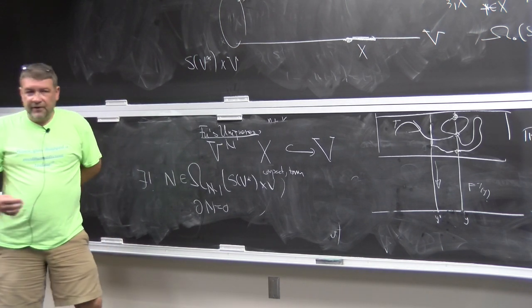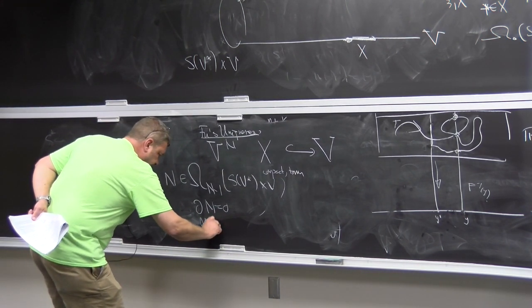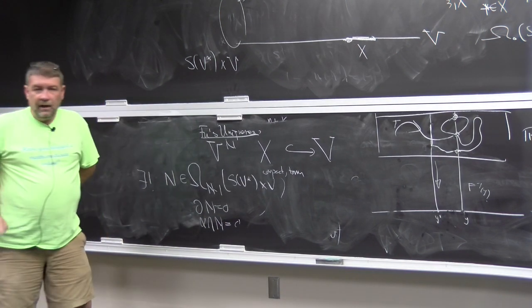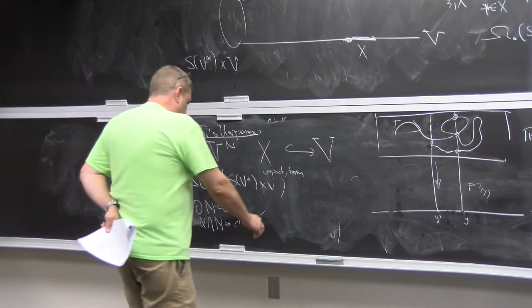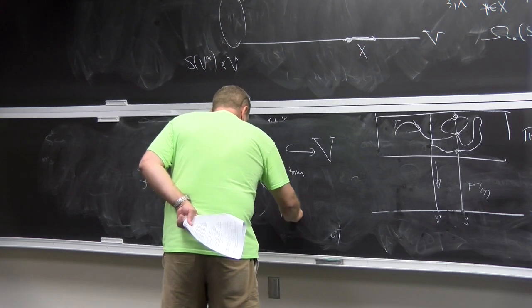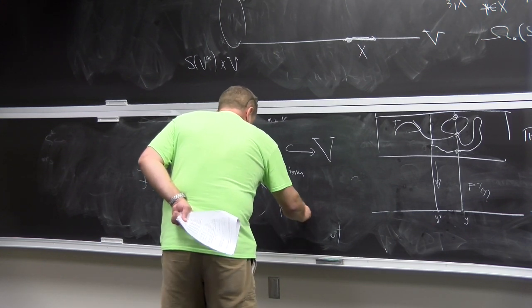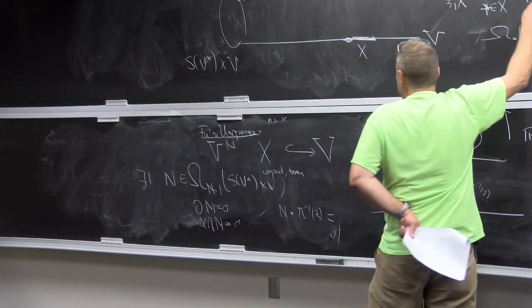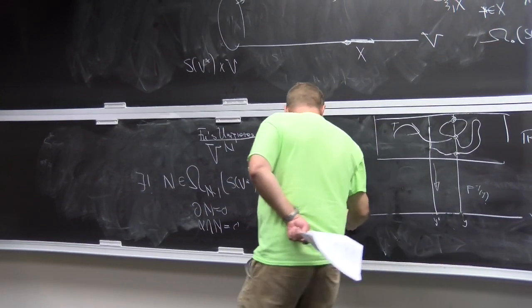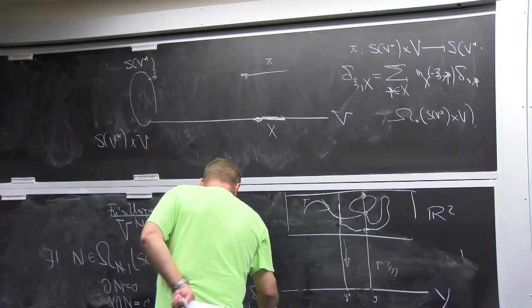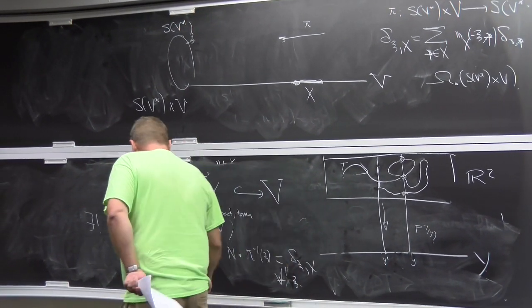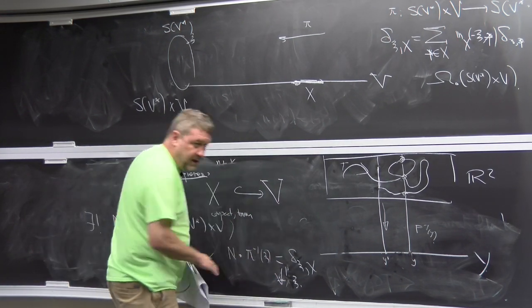It is Legendrian, so alpha is the contact form, so alpha restricted to n is 0. And n intersect the fiber of xi is going to be this Morse current, for almost every xi.